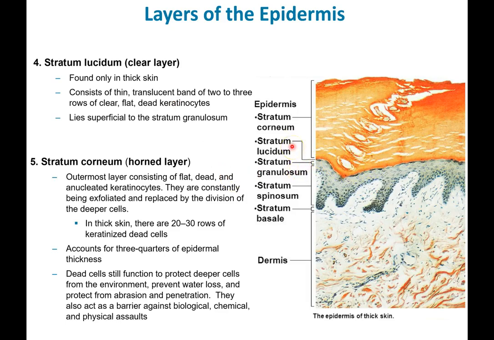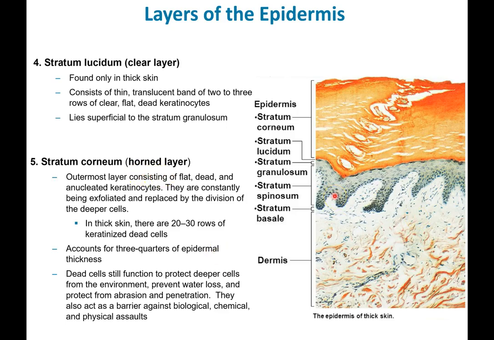Lastly, we arrive at the stratum corneum, which is the outermost layer of the epidermis consisting of flattened, dead, and anucleated keratinocytes. It is also called the horned layer because its cells are toughened like the horns of an animal as a result of increased keratinization.